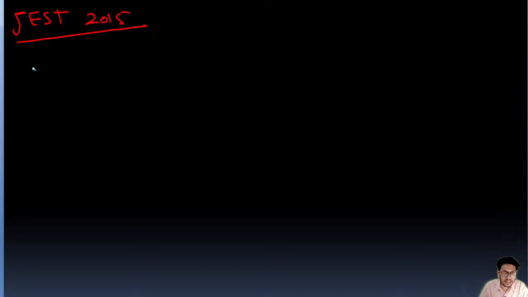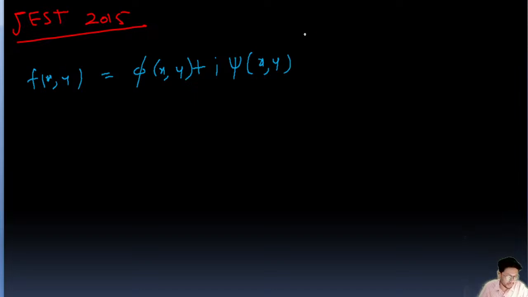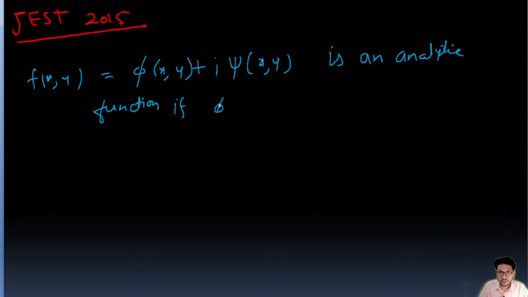So this question: f(x,y) is given, that is phi(x,y) plus i psi(x,y). This function of x and y is an analytic function if phi(x,y) equals x squared plus 4x minus y squared plus 2y.